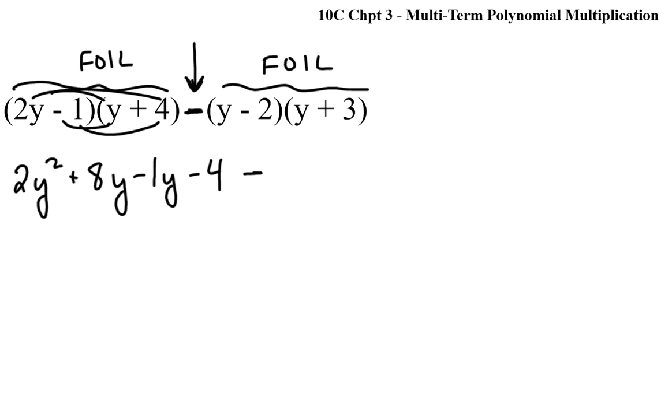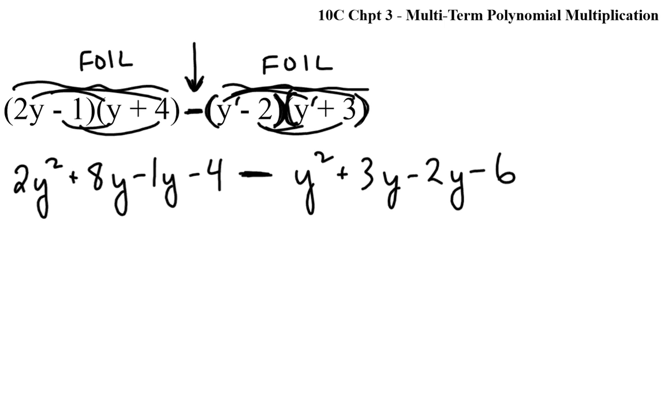Now we're going to subtract. And we're going to do FOIL again because we have a second binomial times binomial. Y times y, don't forget, is a y squared, plus 3y minus 2y minus 6.